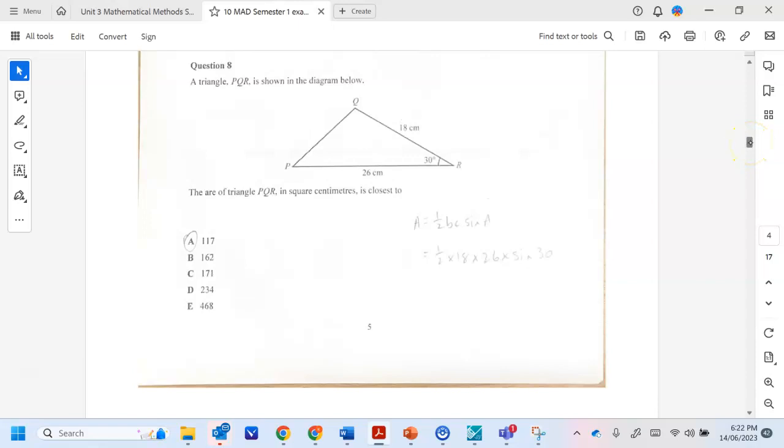All right, so we've got triangle PQR and we have to find the area. I know it says R, but I think I probably fixed it on your exam. Half BC sine A is the formula you will use. So remember, with the area of the triangle, you have more than one formula, not just your standard half base times height, which you've learnt probably since primary school. So just plugging in those values to get the area.